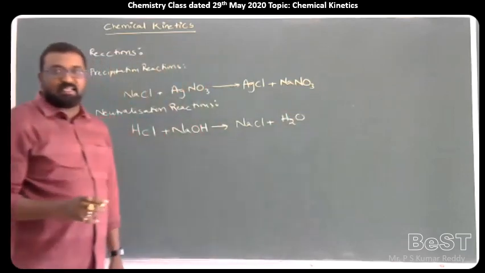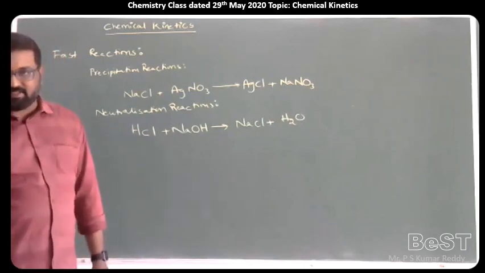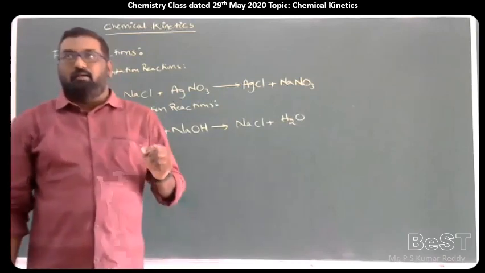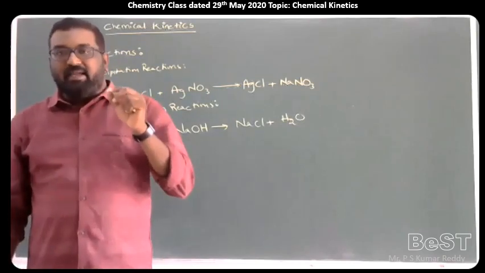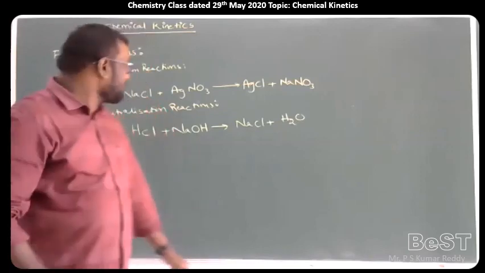This reaction is the best example for neutralization reaction, which also goes very fast. So the reaction will be completed in fraction of seconds, and is called as fast reactions.